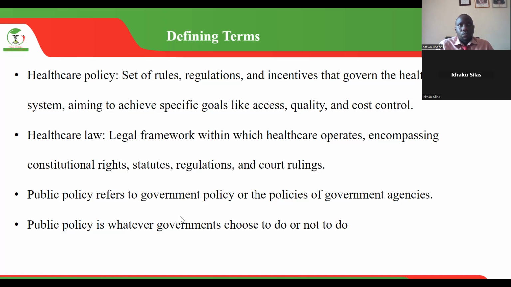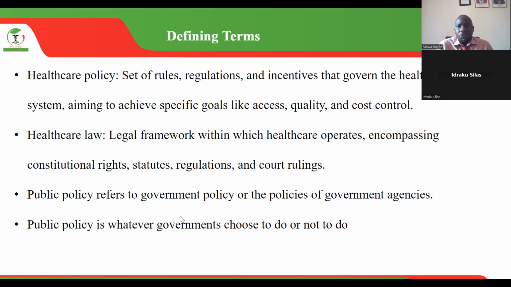You can say that a health policy is a document that specifies the decisions or guidelines that can be made on a particular health situation.